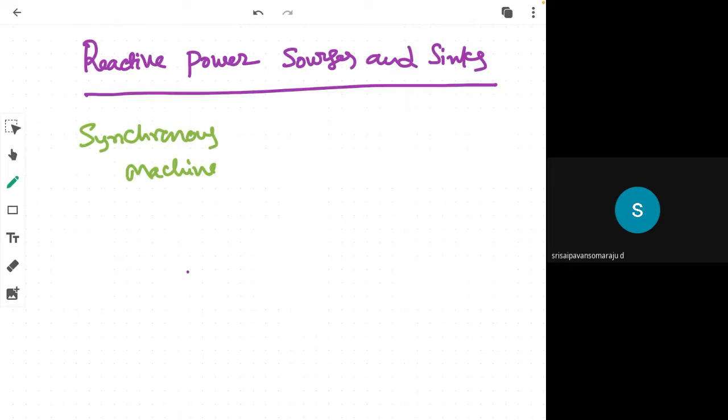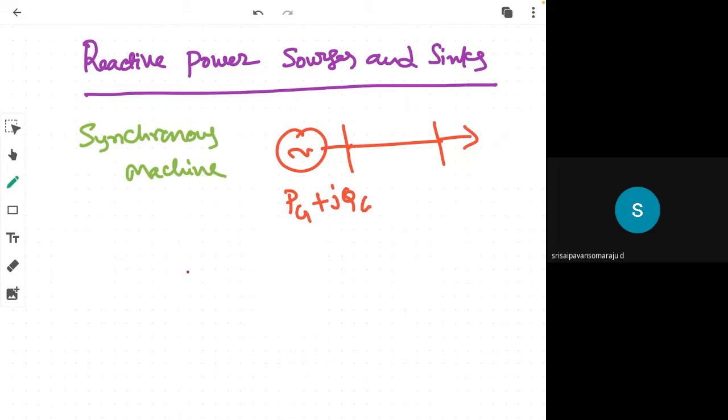The generator is feeding the load Pg plus jQg. Pd plus jQd is the load on the system.